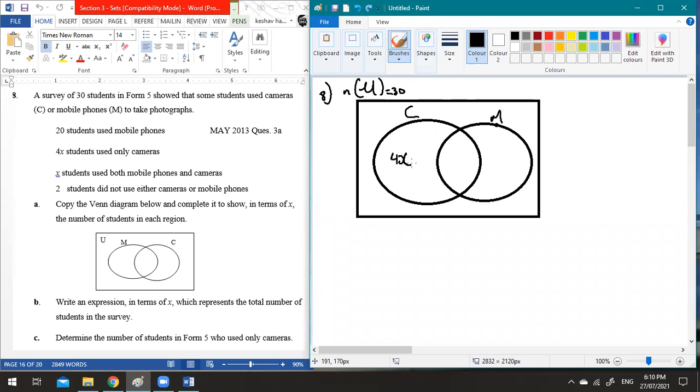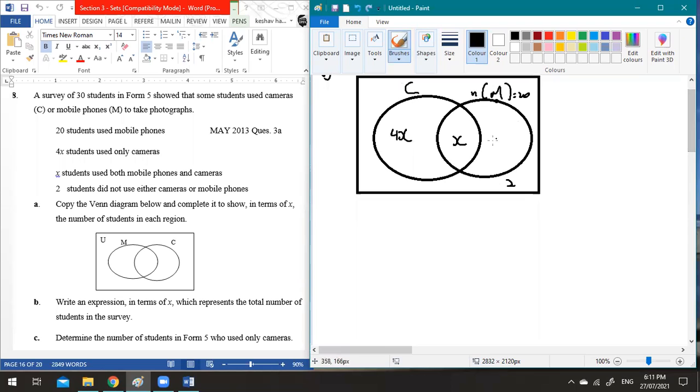So this is 4x. The intersection is x. And the number of elements for mobile phones is 20. Now, why I write this here and not here is because this would incorporate the students that use both, right? And then 2 students on the outside. So in reality, here would be 20 minus x.